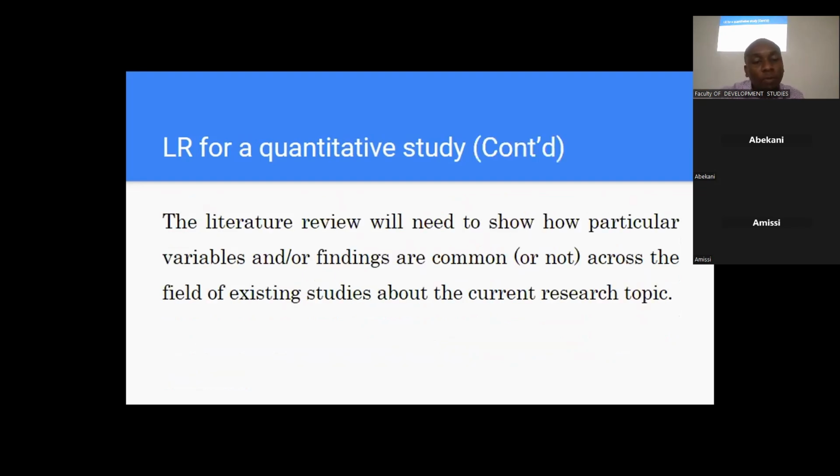So in the literature review, we need to show how particular variables or findings are common or not common across the field of existing studies about the current research topic. If you want to do quantitative research, you can use different findings. For example, okay, in Rwanda, the researcher showed that collective identity has contributed up to 70%.